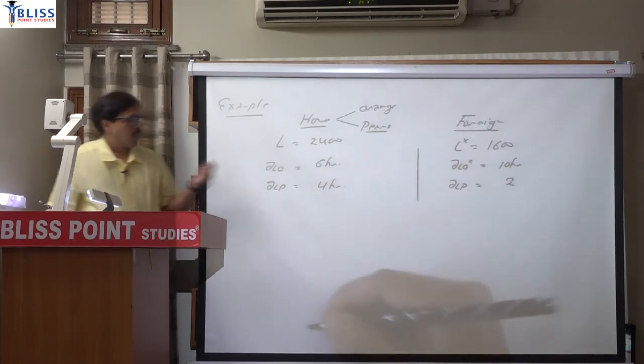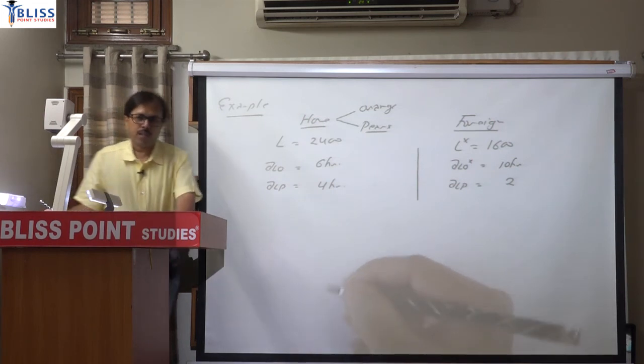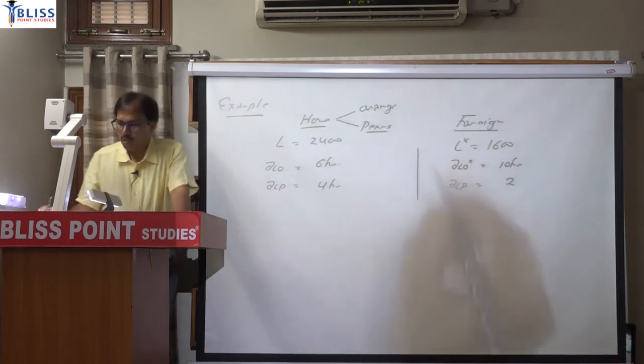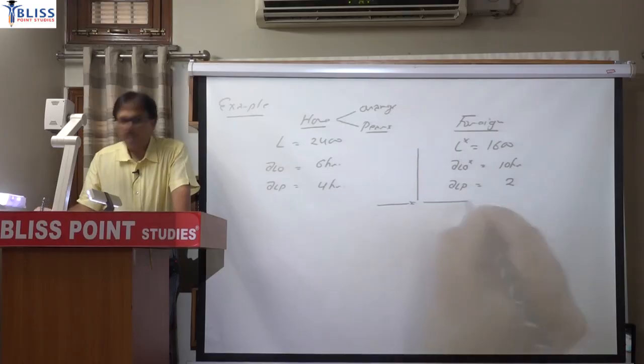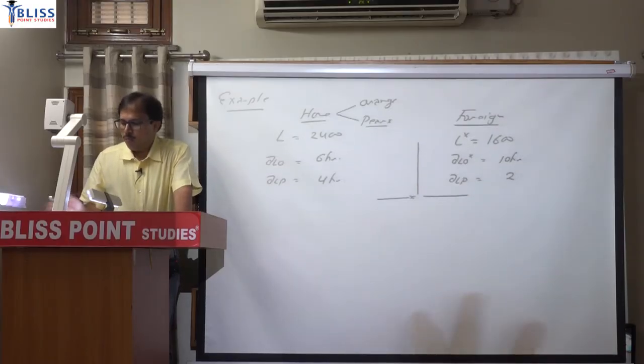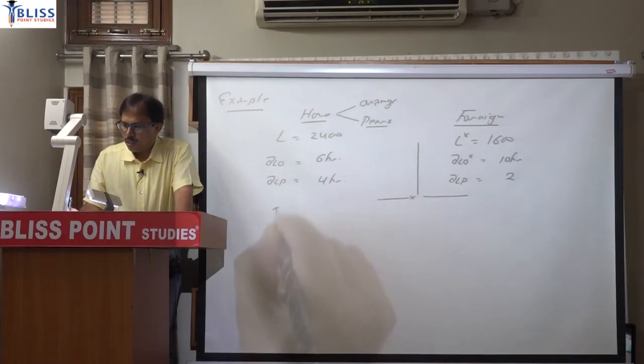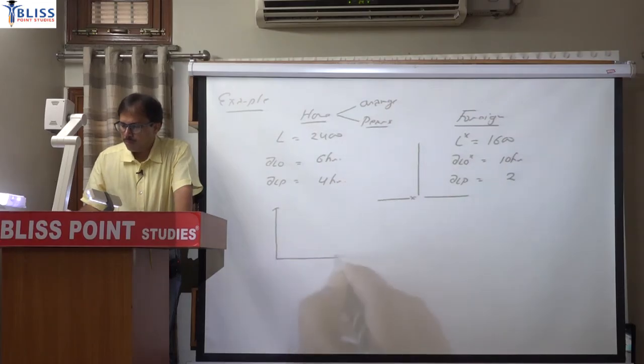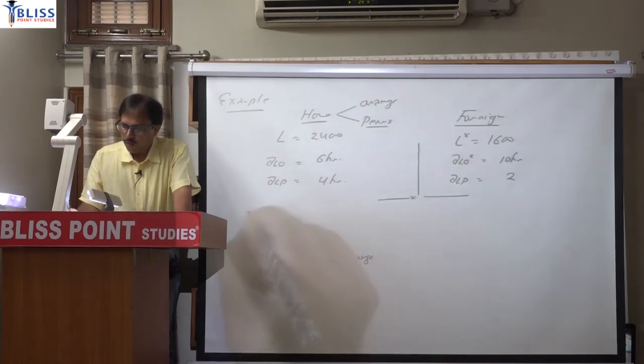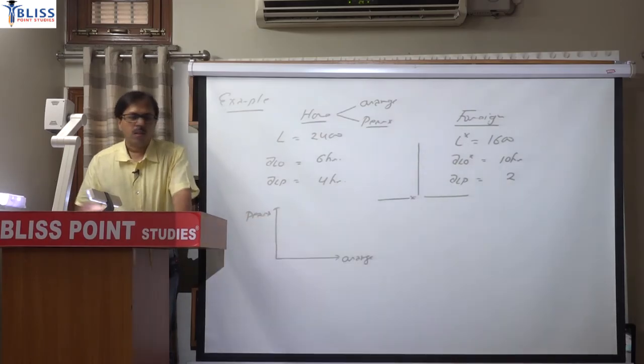So if this information is given and if I ask what will be the pattern of trade, since labor is the only resource, you will apply the Ricardian model. Before explaining that, just draw the production possibility frontier by writing orange and pears.